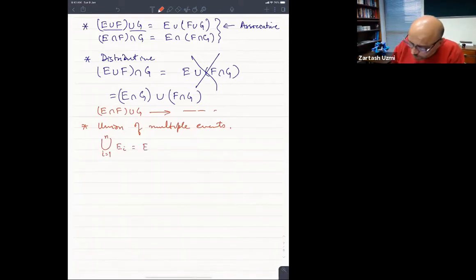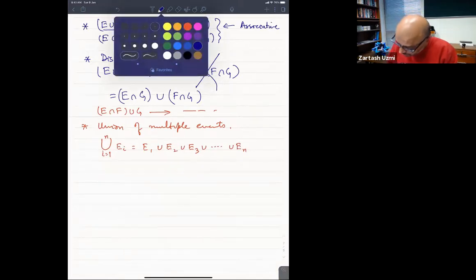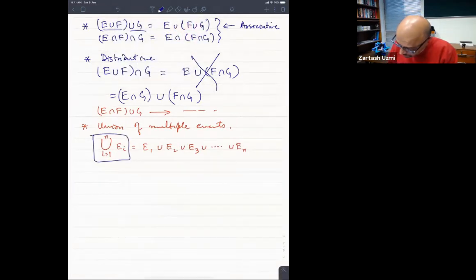E1, E2, E3, इन सब का आपने union ले लिया है. E1 union E2 union E3 union so on and so forth union En. इन सब का आपने यूनियन लिया. तो इस यूनियन को आपने कैसे लिखना है? इसको ऐसे लिख देते हैं.